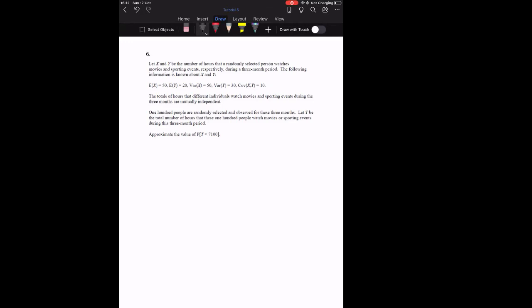And we want to approximate the value of T less than 7,100. The fact that it's asking for an approximation should hint towards the central limit theorem, since we have 100 individuals being selected. We're given statistics. We want to approximate it using the normal distribution.